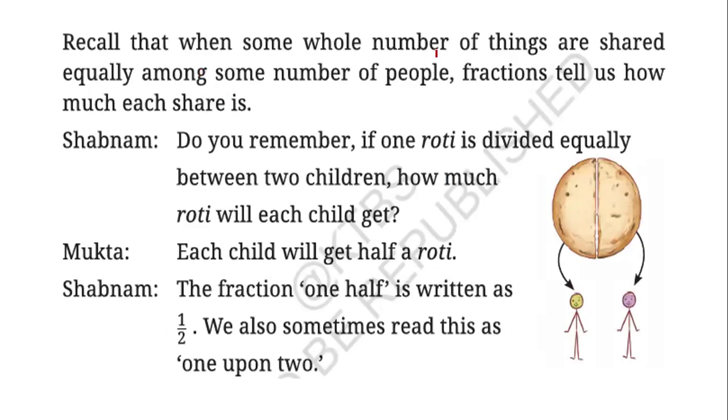Recall that when some whole number of things are shared equally among some number of people, fractions tell us how much each share is. Do you remember, if one roti is divided equally between 2 children, how much roti will each child get?